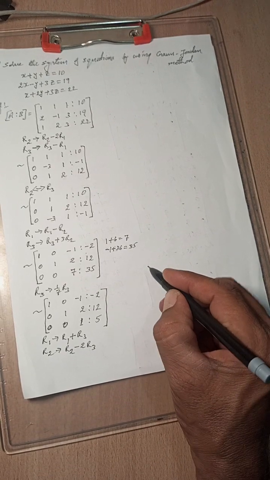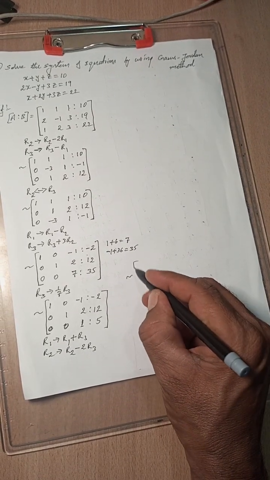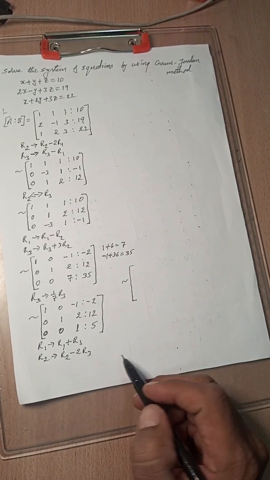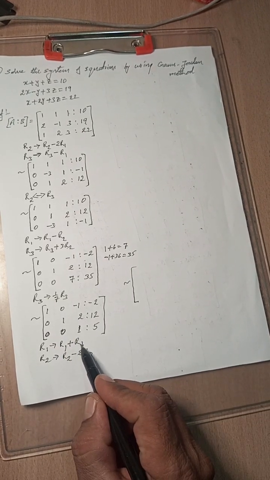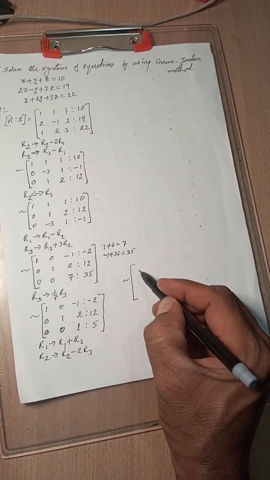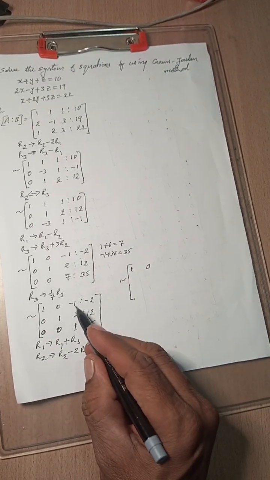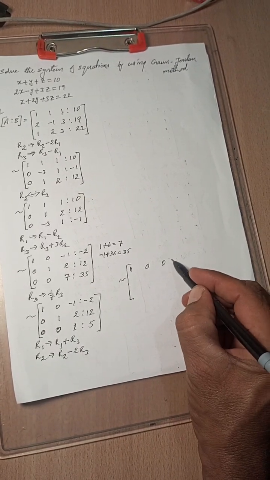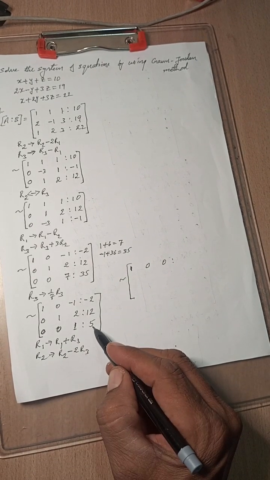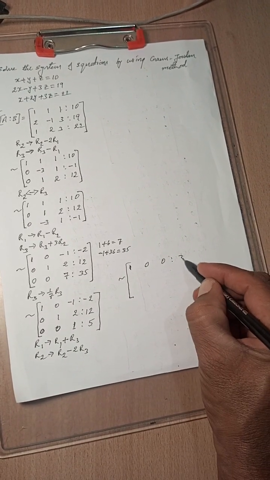So the resulting matrix is now equivalent to: first row we change as R1 plus R3. 1 plus 0 is 1. 0 plus 0 is 0. Minus 1 plus 1 is 0. Next, minus 2 plus 5 is equal to 3.